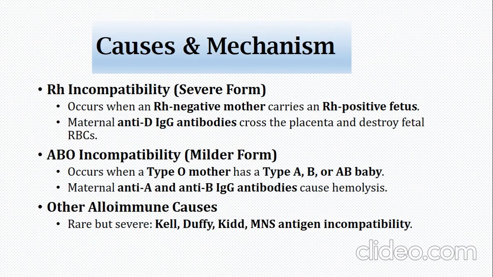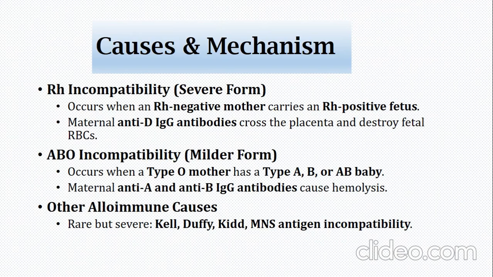On the third one, apart from rhesus and the ABO incompatibilities, there are other blood group systems like Kell, Duffy, Kidd, and MNS, which can cause hemolytic disease of the newborn.